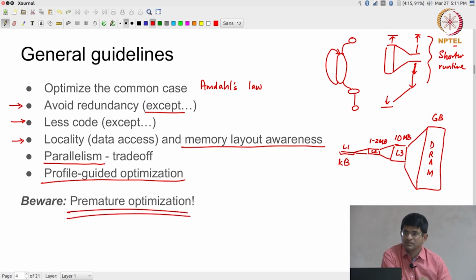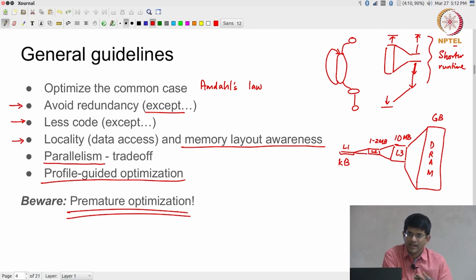Warning: premature optimization. It's very likely that you yourself are going to want to do this, in the sense that the moment you see the code, you immediately think, okay, I can apply pipelining over here or unrolling over here, or do some other kind of optimization with some variables that I have. Do not do any such thing until you understand the impact on the entire program or the entire system that you are going to implement.